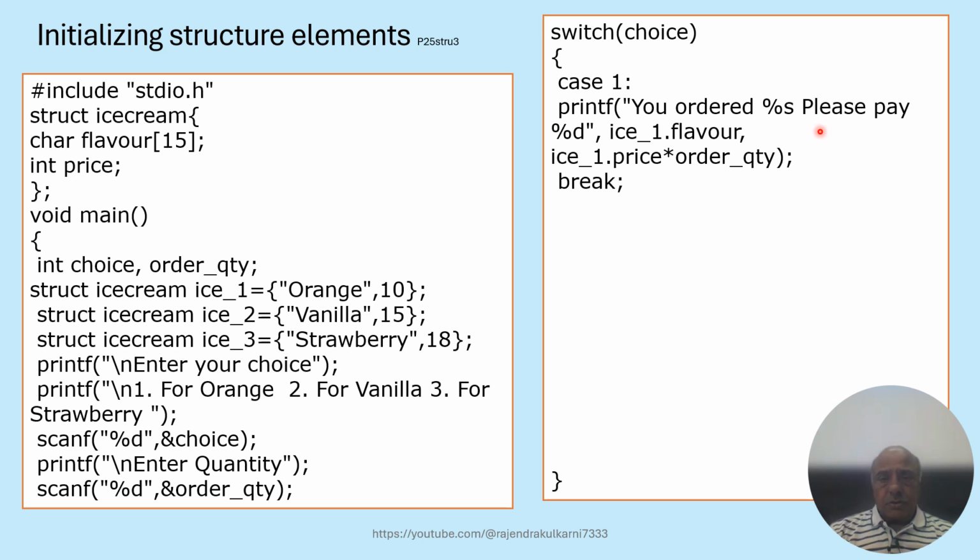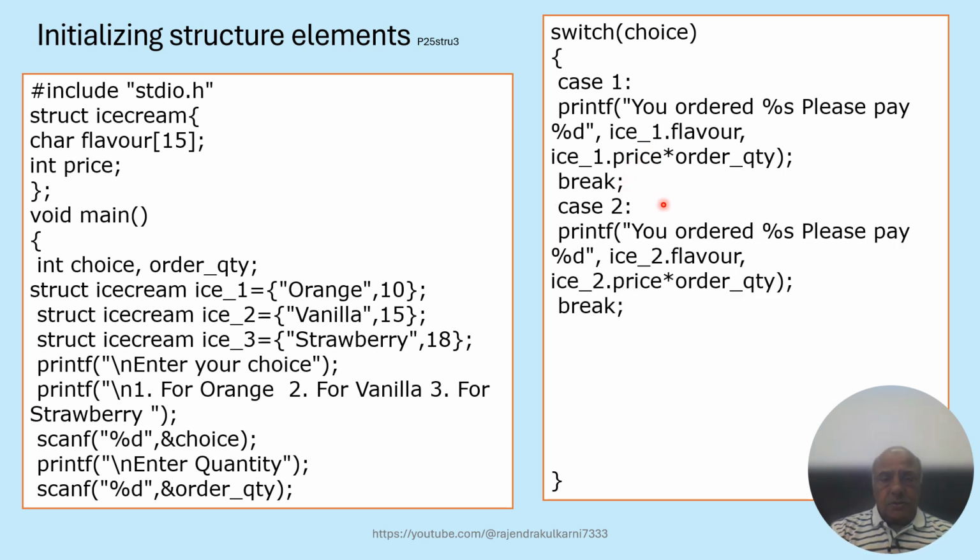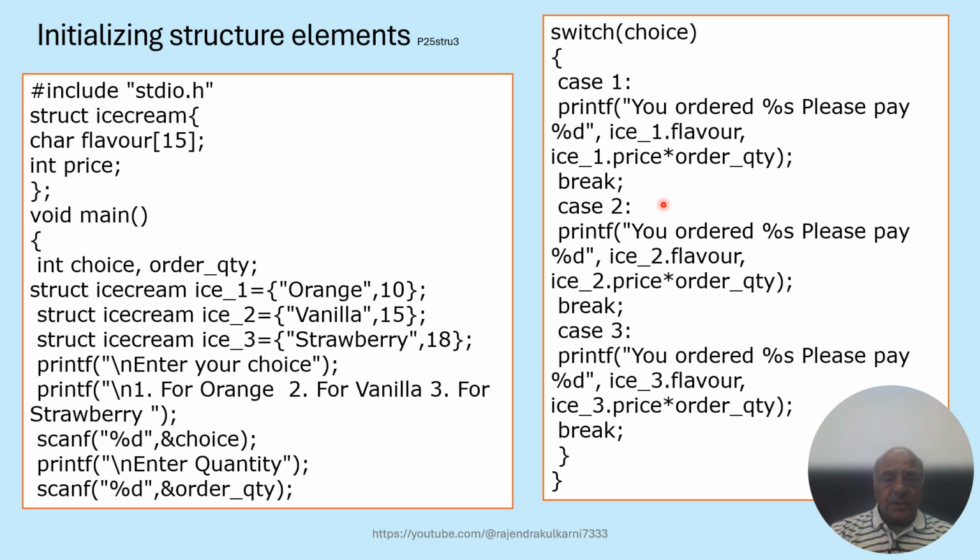And we are also asking the user to please pay for the ordered quantity of the flavor he wants. And there is a break statement. Similarly, we go for case 2, case 3.